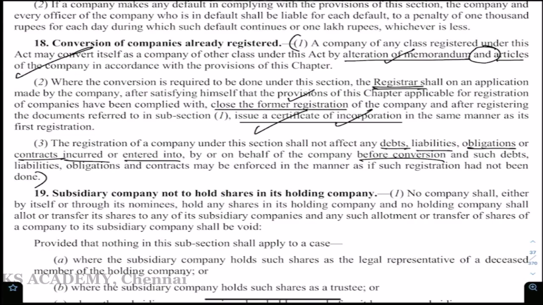If you change the capital clause, the amount will be the same. Name may change. Amount will be same. Whether it is private or public, limited liability is always a limited liability. Whether it is private limited or public limited, limited liability is always limited. So no need to change the capital clause unless you change the authorized capital.